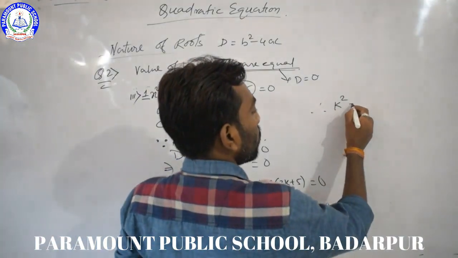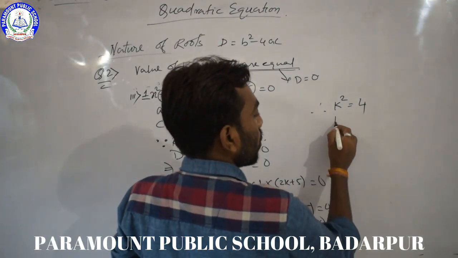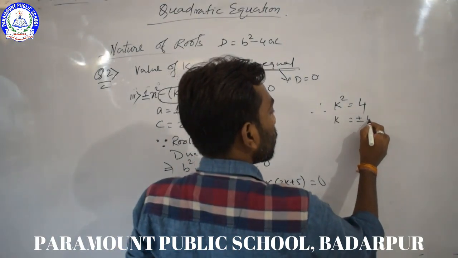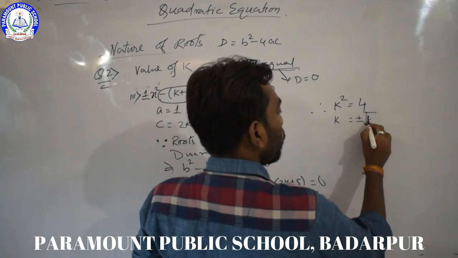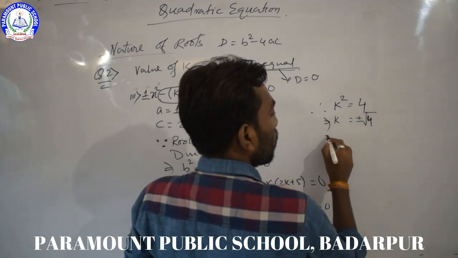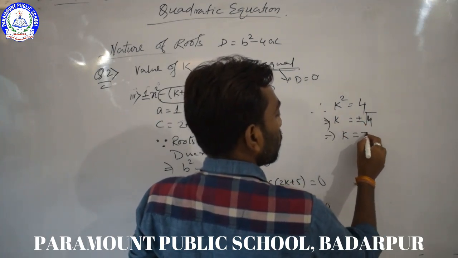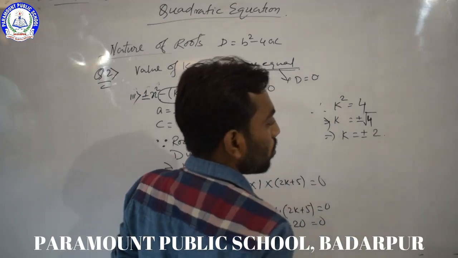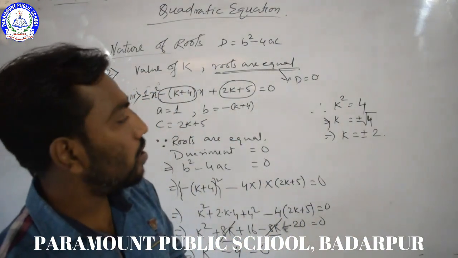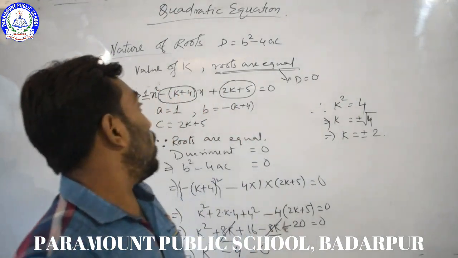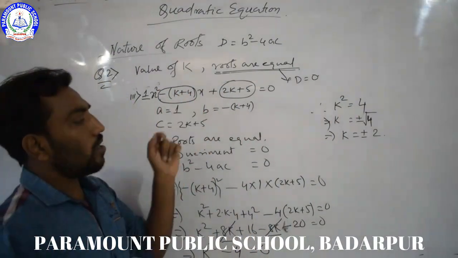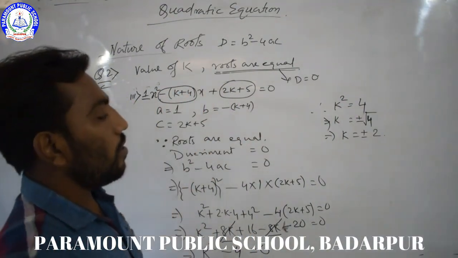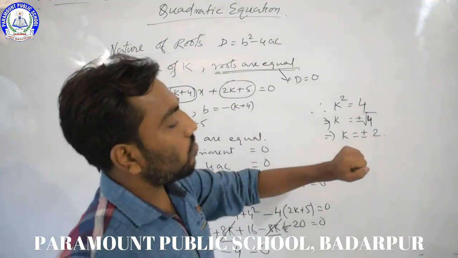Therefore, k square is equal to 4 and k becomes equal to plus minus root over 4. So we can say k value is plus minus 2, since the square root of 4 is nothing but 2. Now let us check the given condition. Will both the values satisfy?